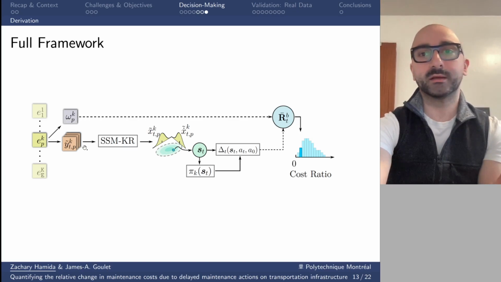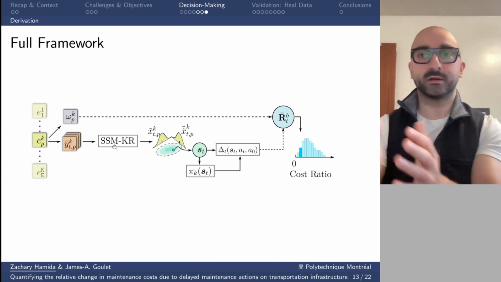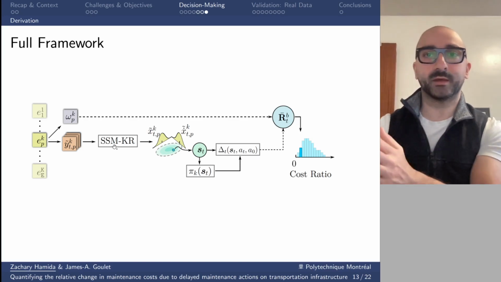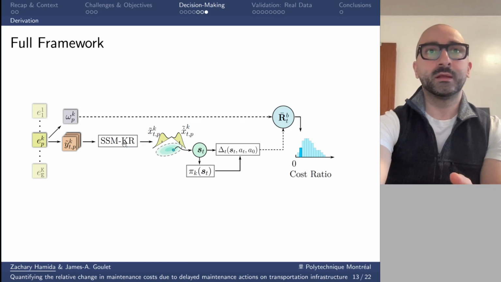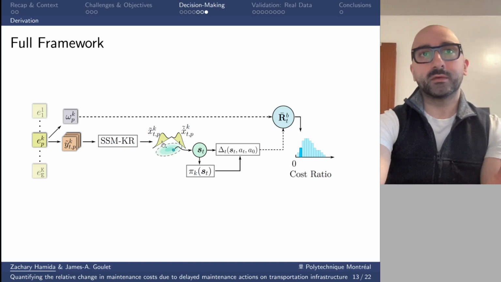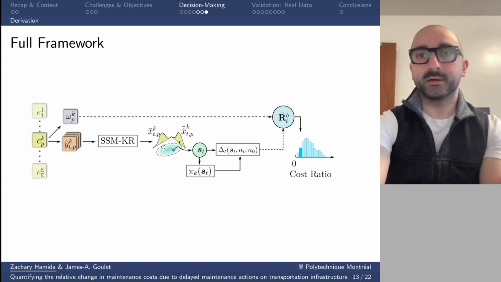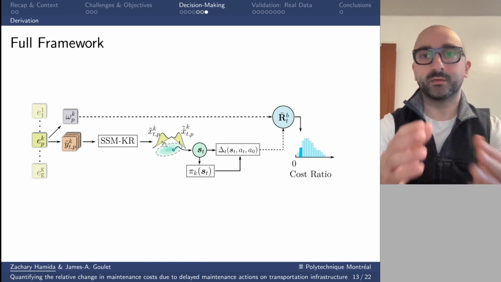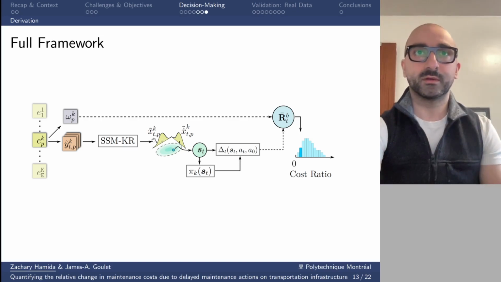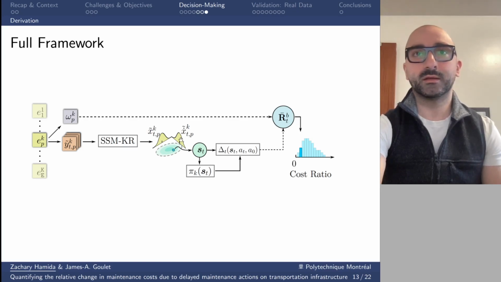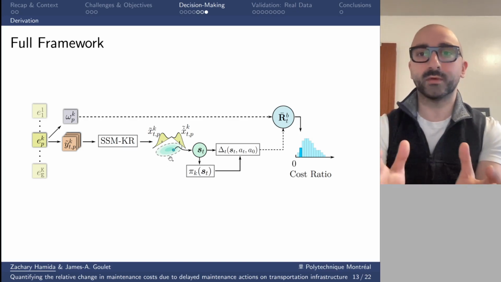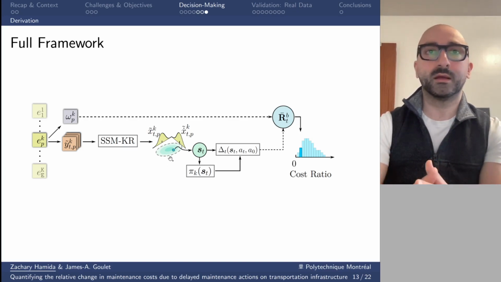The inspection data goes into the SSMKR, which is our deterioration model based on state space models, discussed in previous research work. The SSMKR gives us a deterioration state: as we saw earlier, the condition, the deterioration speed, and the covariance between these two.